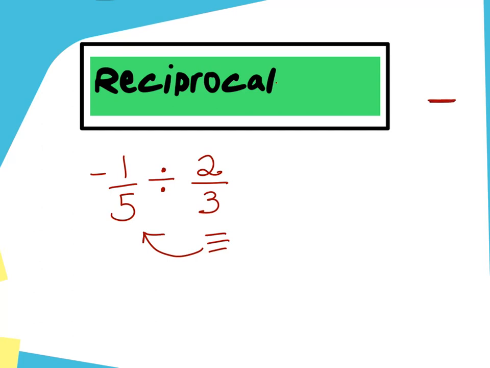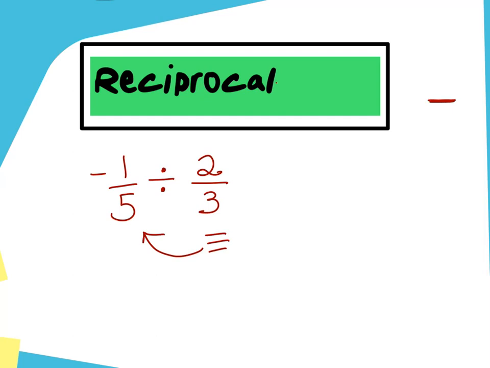Let's check that out one more time. Let's say this time we take a negative 1/5 and we're going to divide it by 2/3. Again, we're trying to figure out how many groups of 2/3 can fit into negative 1/5. Because we have a negative and a positive being divided, we know that our quotient is going to be negative. So I'm going to write that up there. We have one negative and one positive, and whenever multiplying and dividing, one of each sign gives a negative.